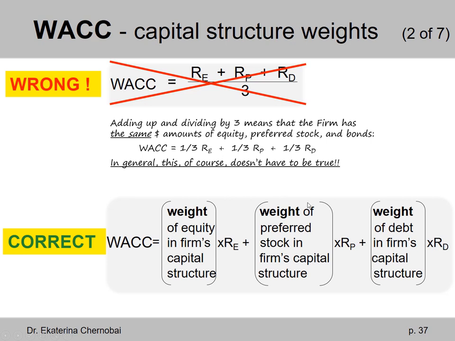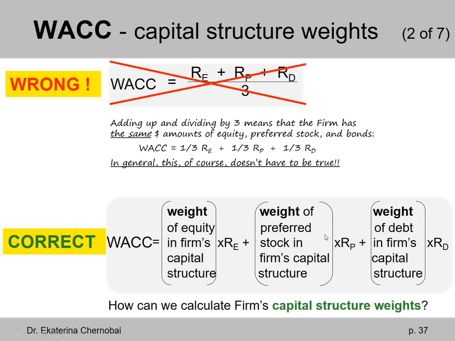And the key here is these 3 weights don't have to be equal, they can be completely different fractions of the firm's capital structure, the firm's value, in other words, but they must add up to 100%. So how can we calculate the firm's capital structure weights? Let's look at that next.